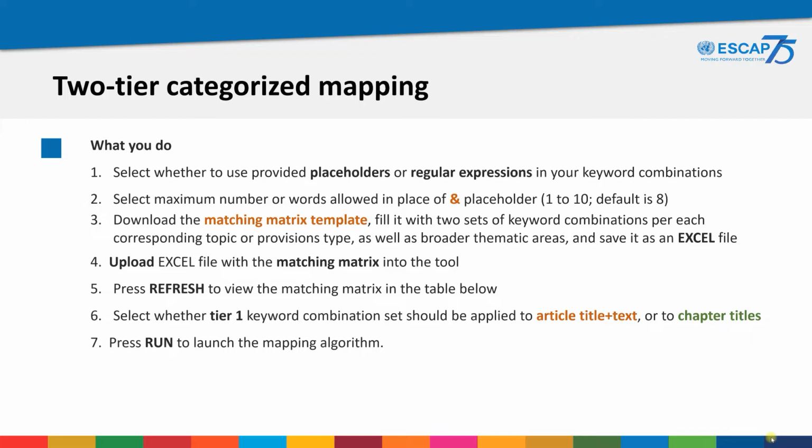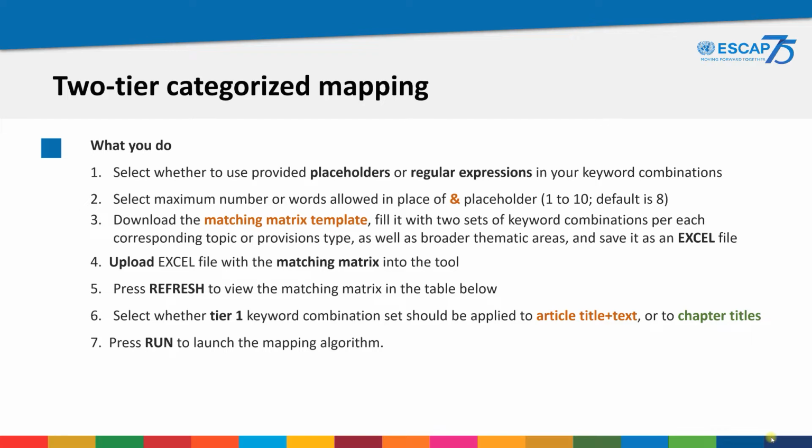Having filled the matching matrix, you save it as an Excel file, and then you upload it into the tool, hit refresh button to see the matrix within the tool. In the next step, you can choose whether Tier 1 keyword combination set should be applied to article, title plus text combinations, or to chapter titles. We will review these two options in more detail later in this module.